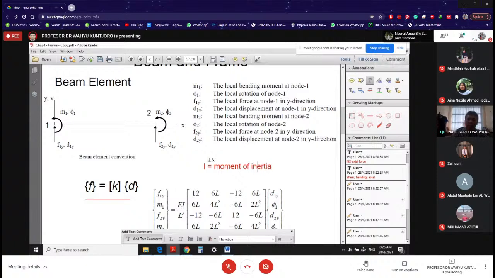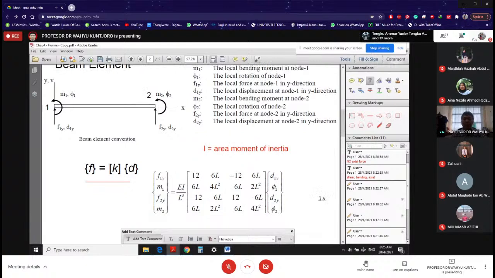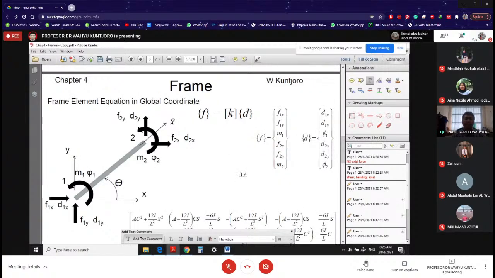Actually, to be complete, it has to be written as area moment of inertia. All right, so now you have your beam equation. But we don't focus on that. What we are going to look at here is this frame element.